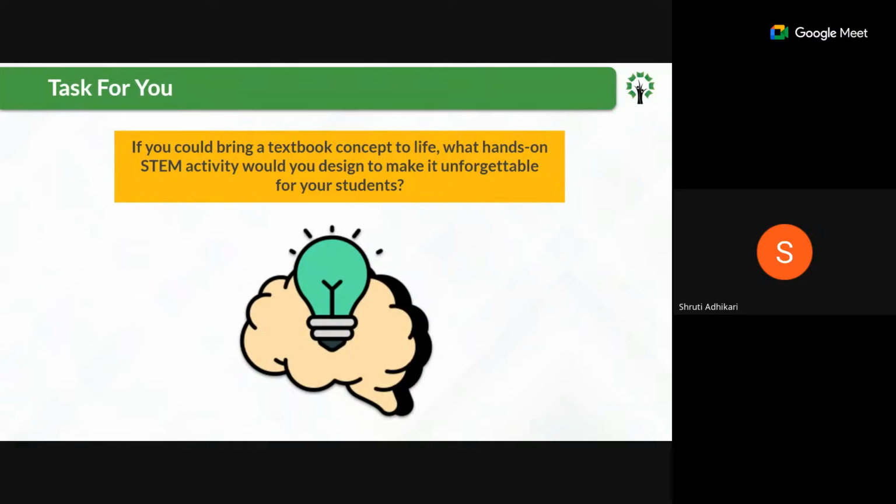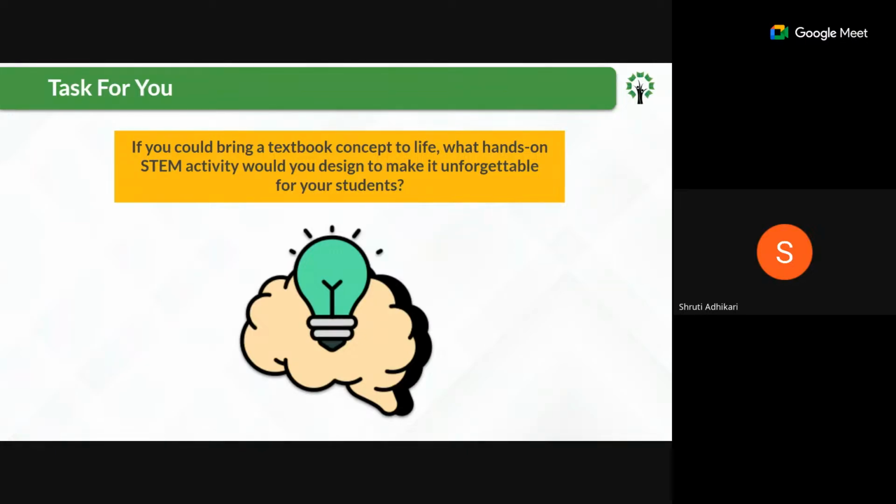Now, here's a task for you. In the previous slide, we just discussed a few examples, right? Now, the task is: if you could bring a textbook concept to life, suppose you have to bring any concept which you're teaching the students right now to life, what hands-on STEM activity would you design to make it unforgettable for your students?